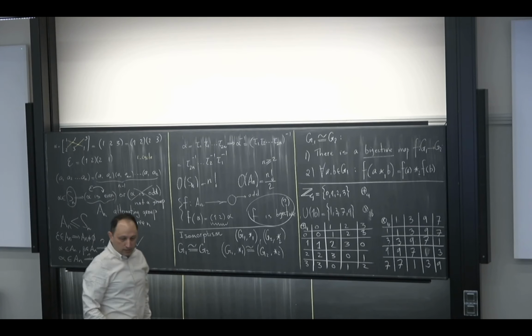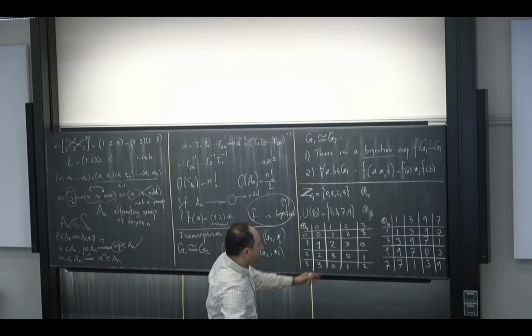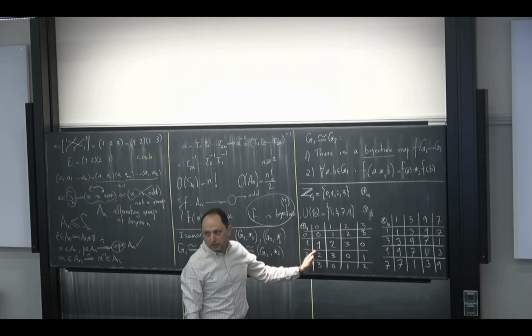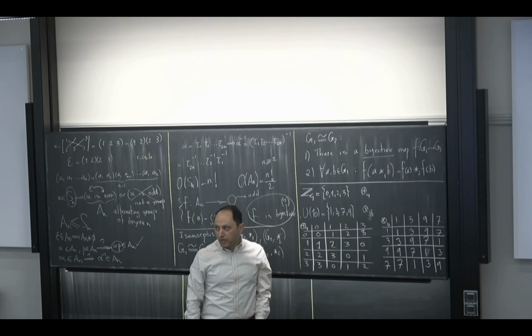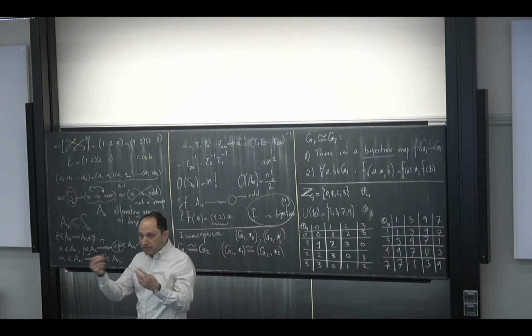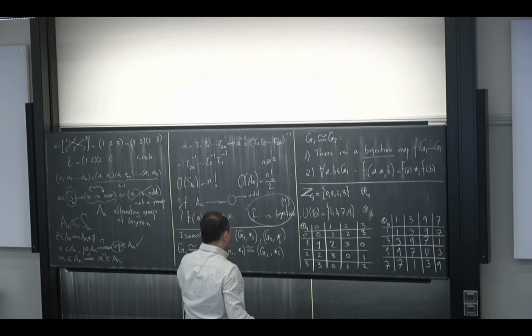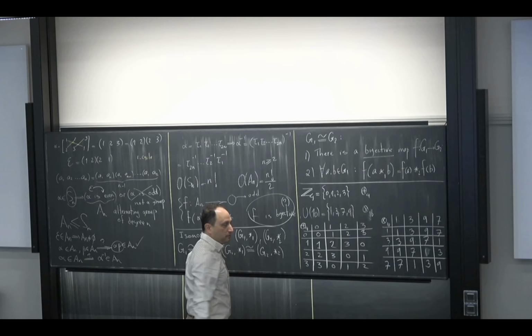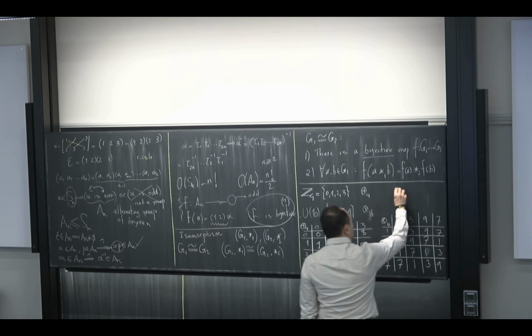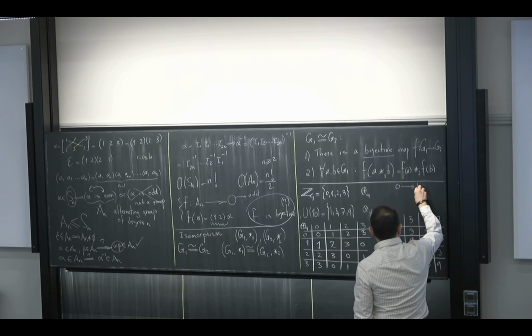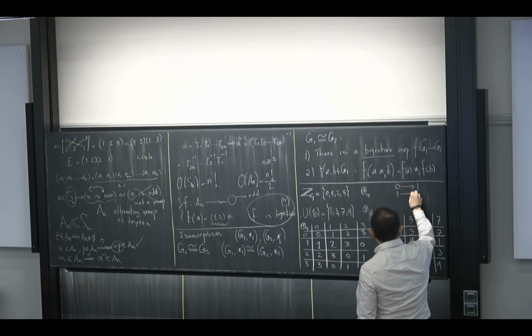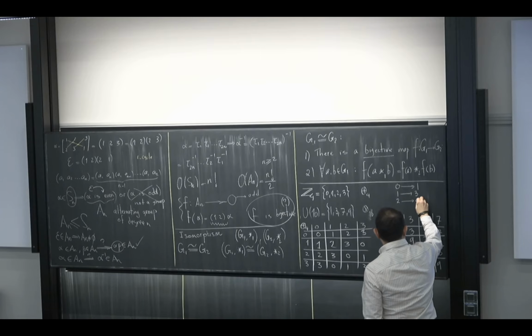But now, my claim is that this is just a relabeling of this table. But you have to be clever and find the relabeling correctly. So go to this table and do this change: send 0 to 1, send 1 to 3, send 2 to 9, and send 3 to 7.